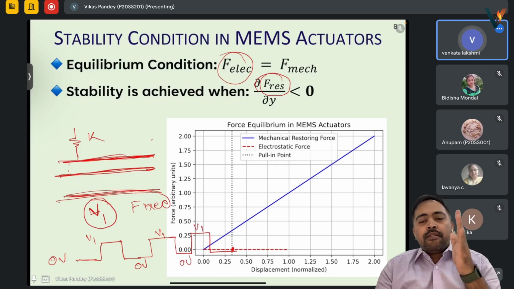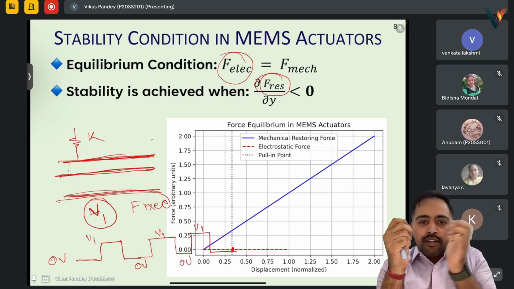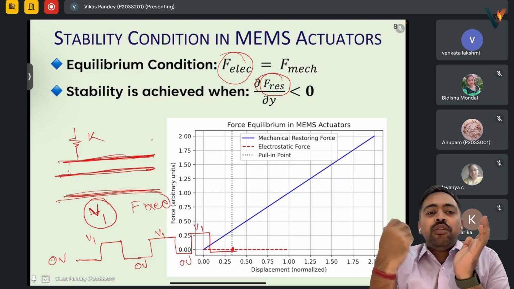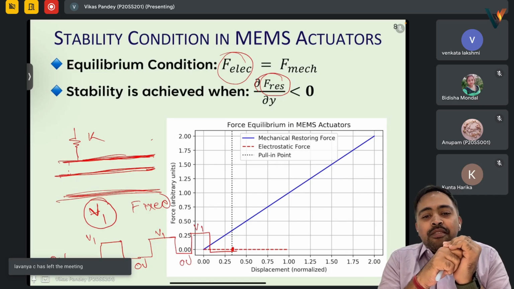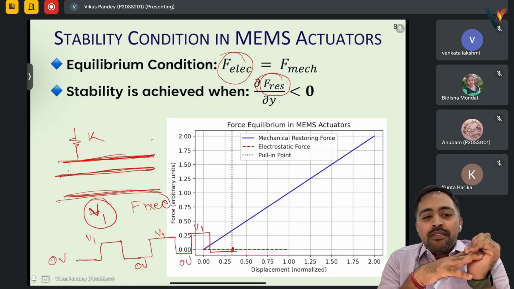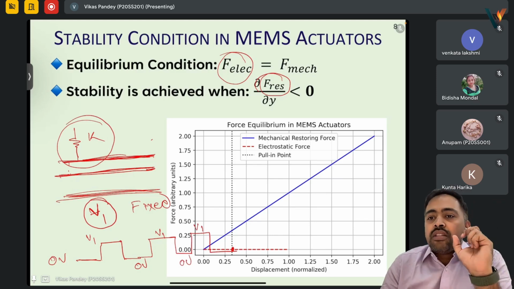See, earlier we are putting a voltage to pull it. It comes near. What happens if we remove the voltage? What will happen? This spring constant or the mechanical force is still there.